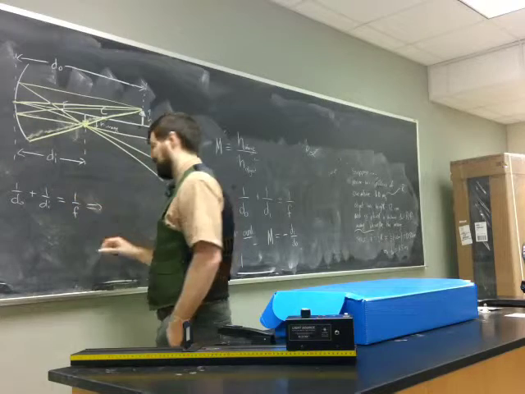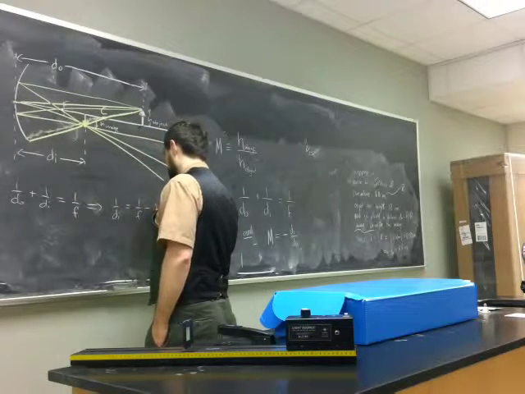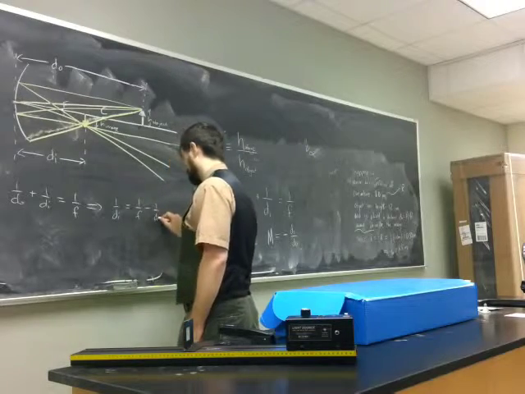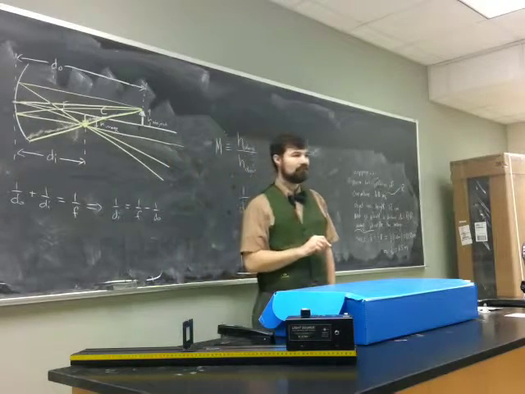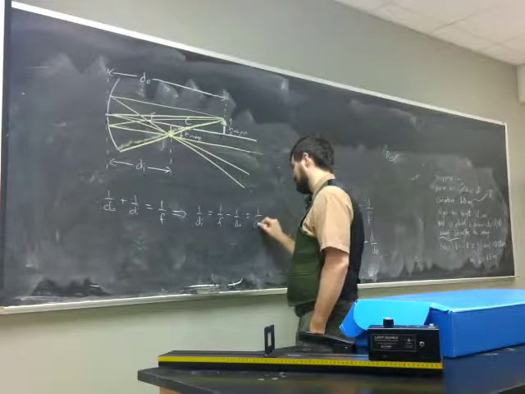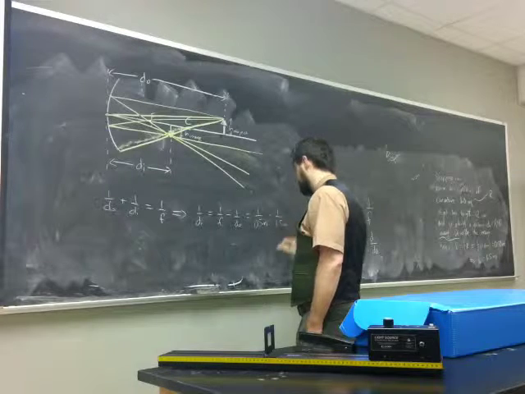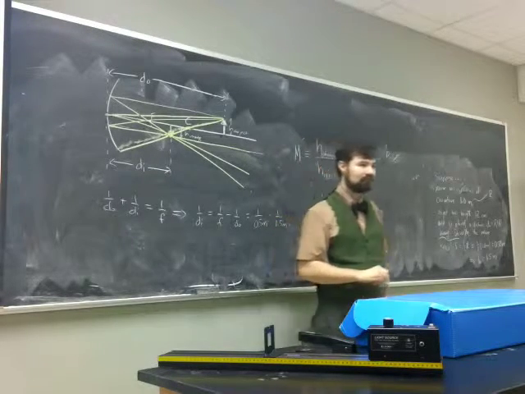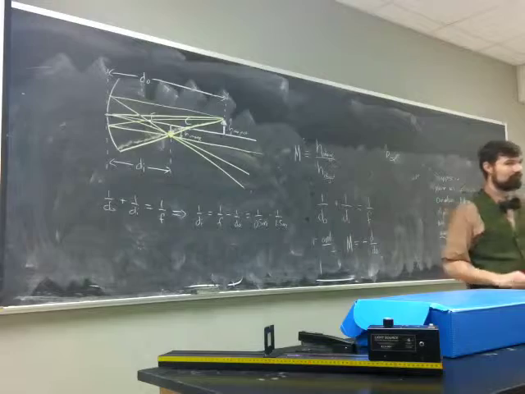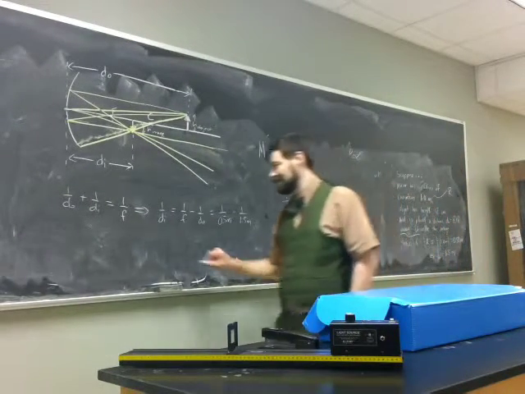If I solve it for 1 over dI, that means 1 over dI is 1 over f minus 1 over dO. Numerically, that's 1 over 0.5 meters minus 1 over 1.5 meters. So what does that mean that 1 over dI is?